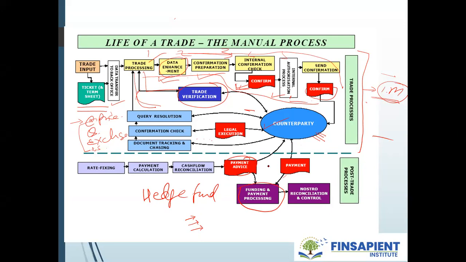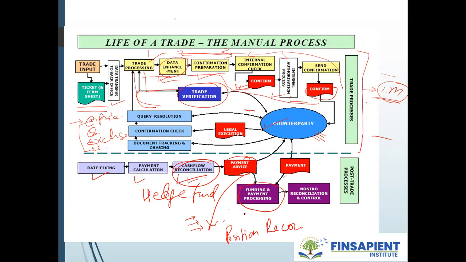That will trigger the position reconciliation as well as the cash reconciliation. So on one hand, we have position recon and also the cash flow recon. This is on the basis of the rate, fixed rate, the payment calculation, and then how much cash has been transferred and how much is accrued, any liability that will be reconciled with regard to the overall cash movement.